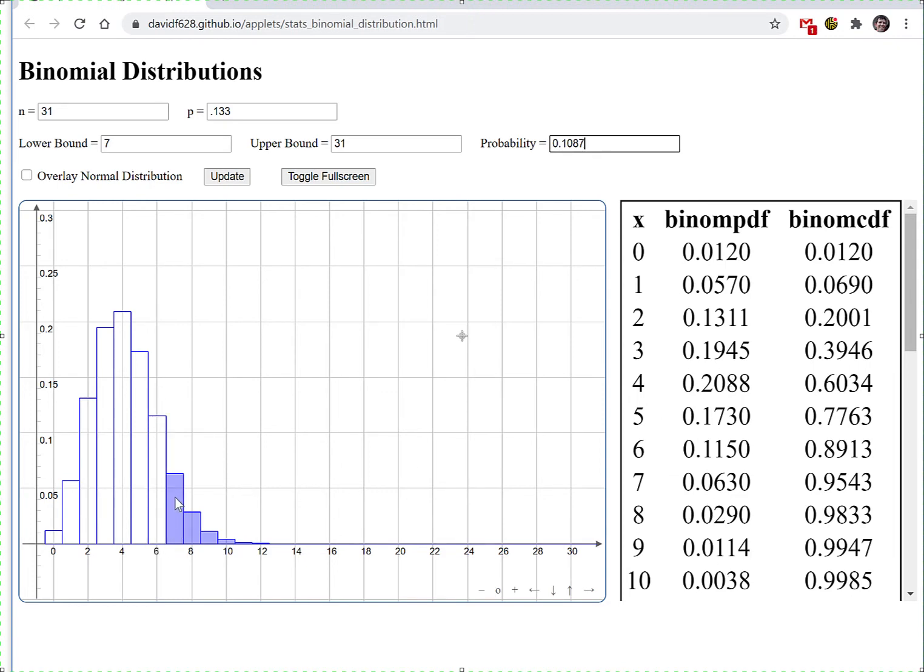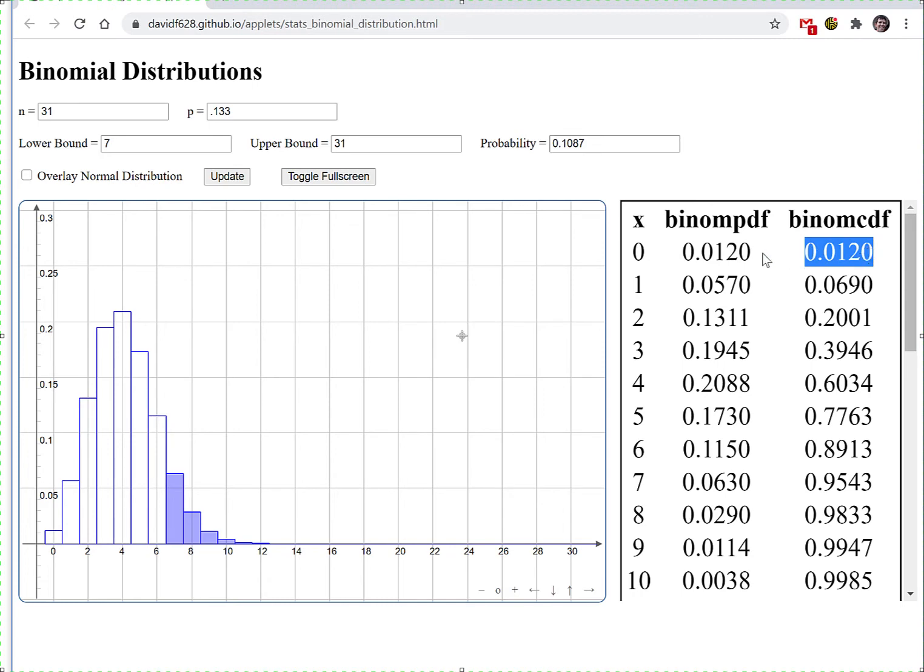But if you look in binompdf, you'll not find that probability anywhere. You could get it with binompdf if you just added the bar's height for 7, then 8, and then 9, and so forth, all the way to 31. But that's going to take an extremely long time. So what we can do, however, is use binomcdf, which is a running total of the probabilities in binompdf.